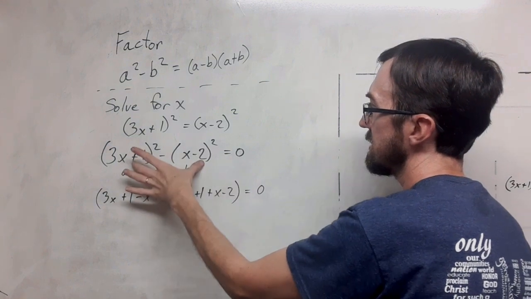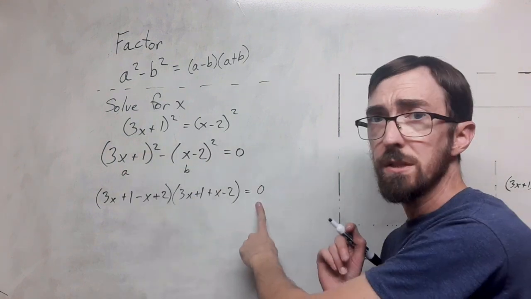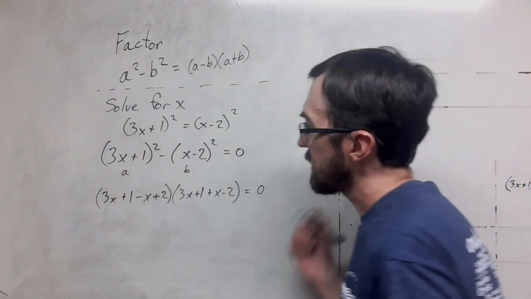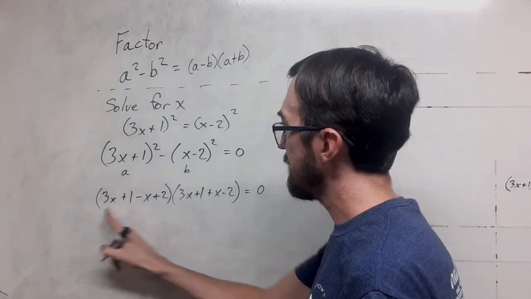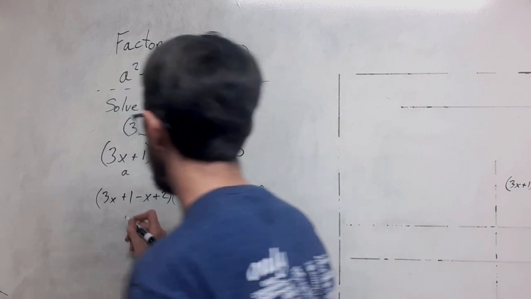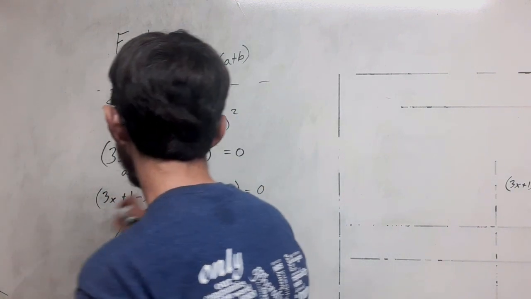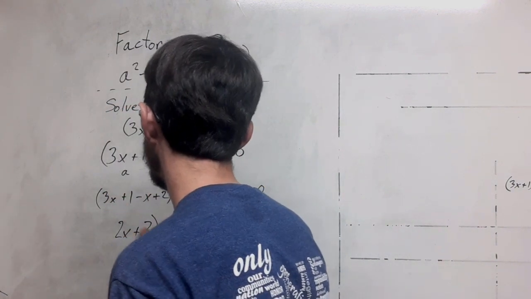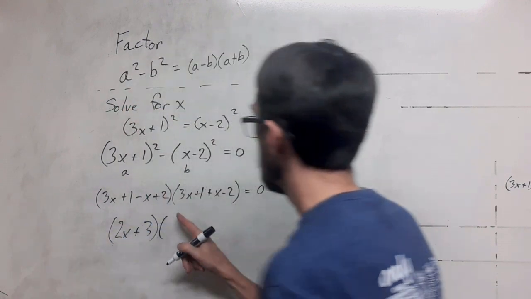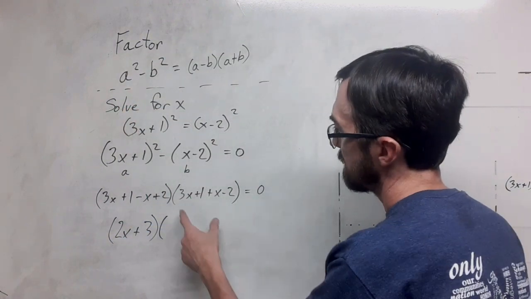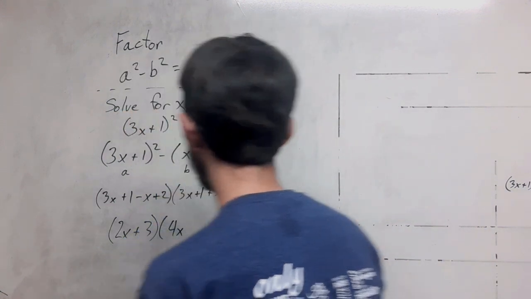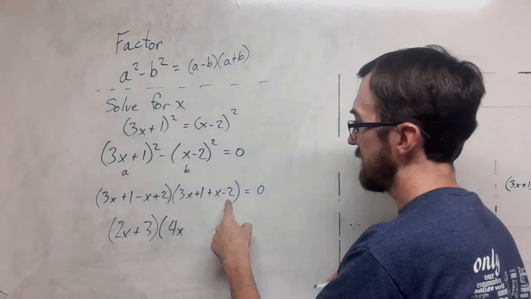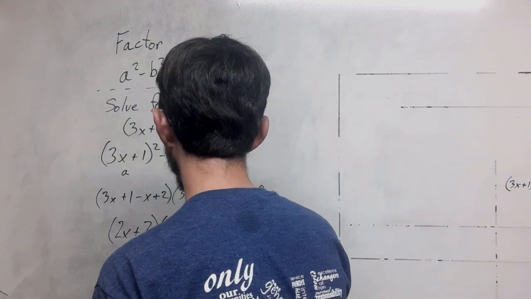So since this is equal to 0, this is equal to 0 by transitivity. We're going to simplify inside of our parentheses now. 3x minus an x is going to give me 2x. And then 3. Over here we have 3x plus an x, that's 4x. 1 minus 2 is negative 1.